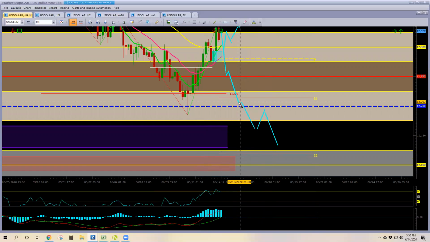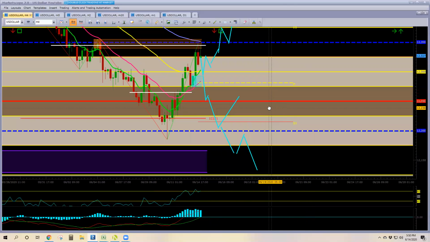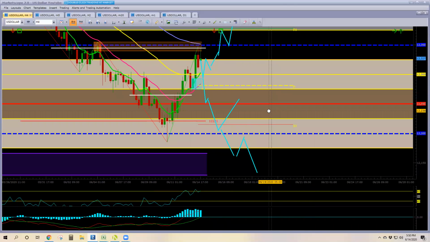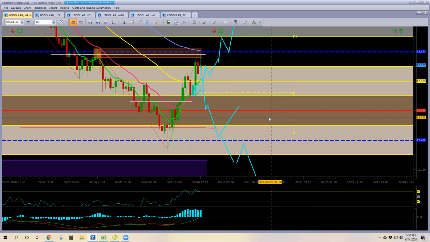Now remember, what if it never actually closes below 1,200, and what if it starts retracing and creates a double bottom on a higher time frame? This is why I really couldn't find a lot of overnights, because we're pretty much ranging within daily, weekly support. We're in a demand area, and this thing can easily start popping back up.